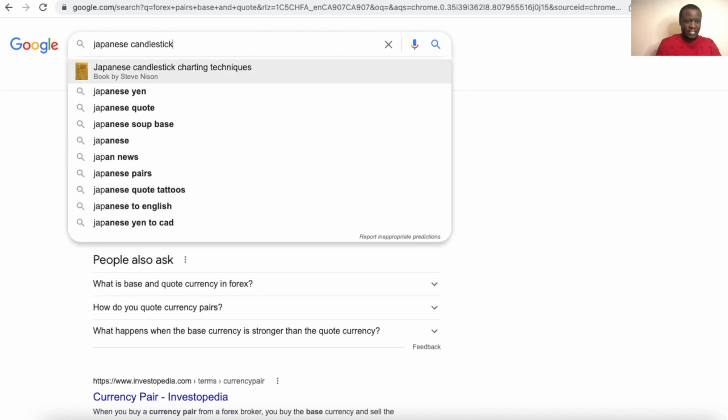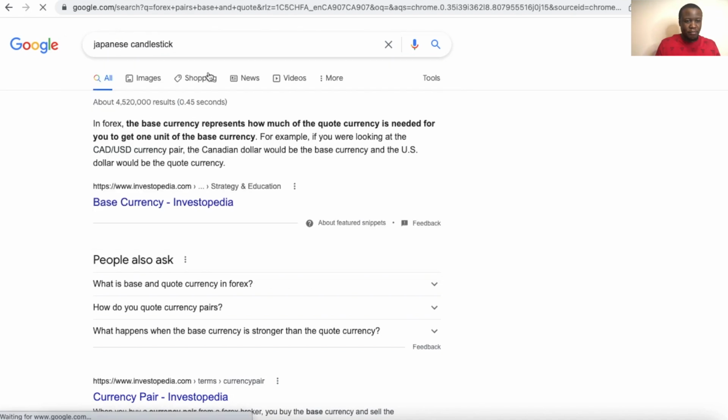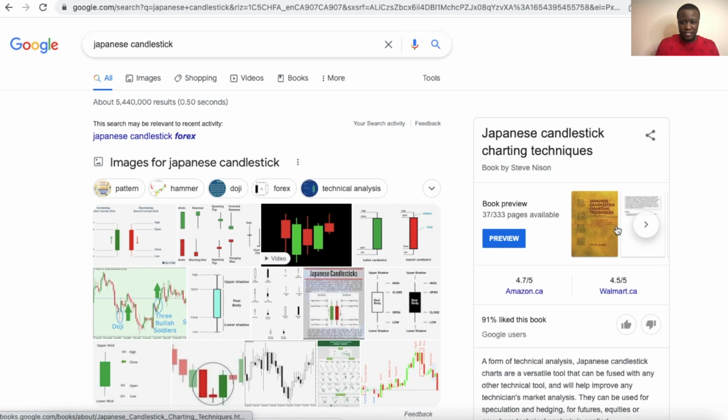This is a book that I actually read as well, Japanese Candlestick Charting Techniques. It's a pretty good book, but after a while I realized that I didn't need to know all these Japanese candlesticks. I only really need to know one candlestick. So I'll get into that in a second.